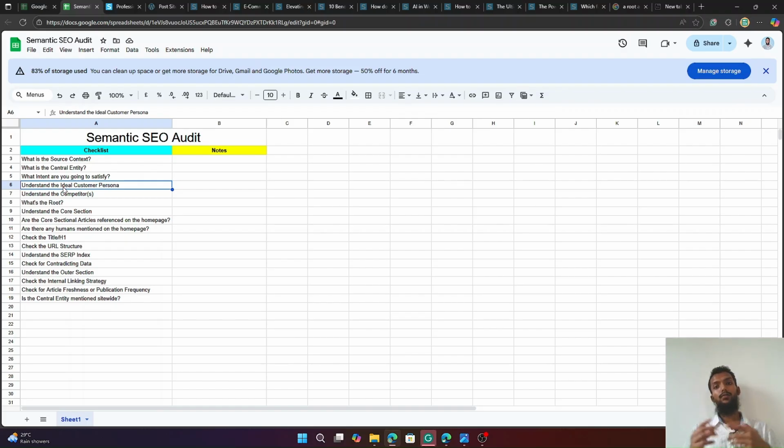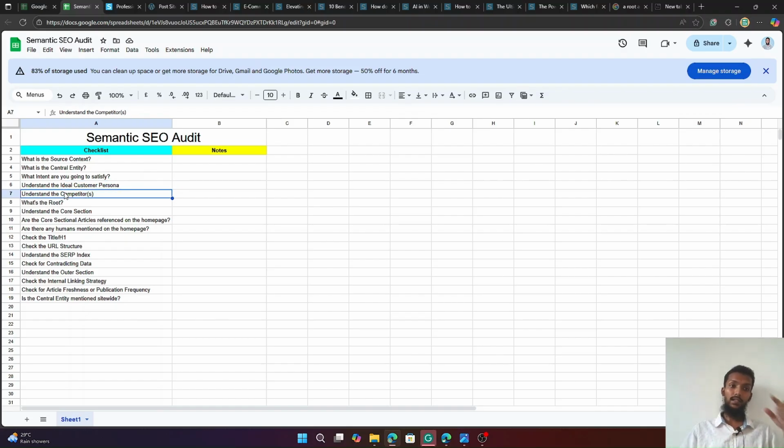If you have a good customer persona, then you will search on Reddit, ChatGPT, or SERP on Google, and you will learn how they are searching the query and how you can interpret this query into your content network. So understanding this customer persona is very important. I don't know if they have created one or not, but you absolutely should create one, and you can use the help of ChatGPT for this.